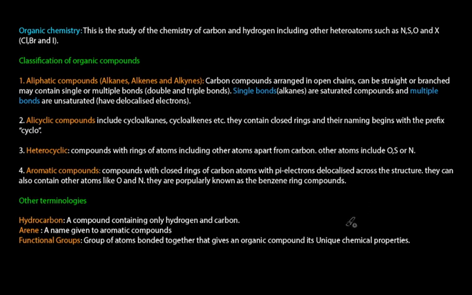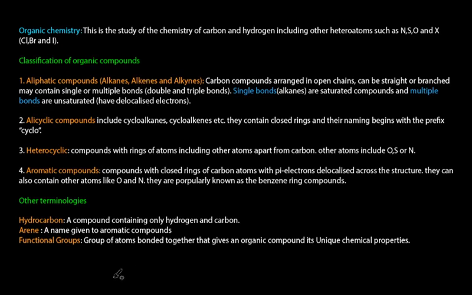So based on the functional groups, compounds tend to behave differently. For example, an alkane is not a functional group because it is found in almost all compounds, because you have carbon single bonds in almost all compounds. Functional groups start from alkenes.